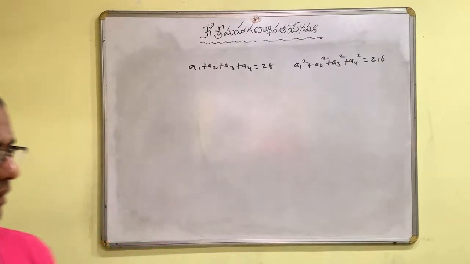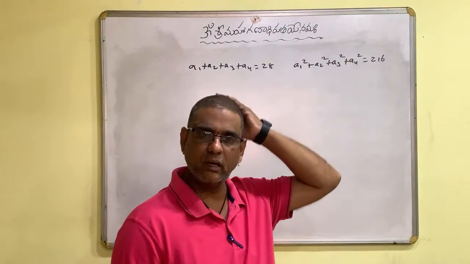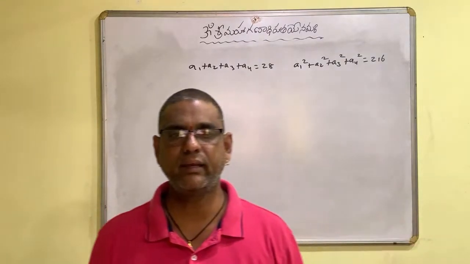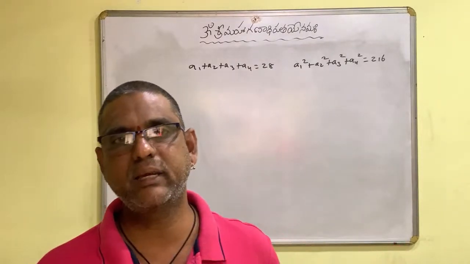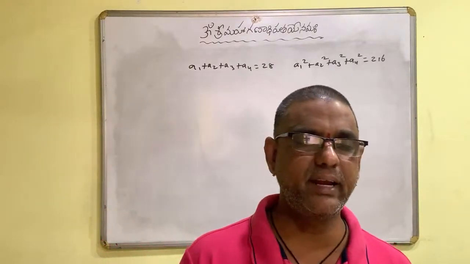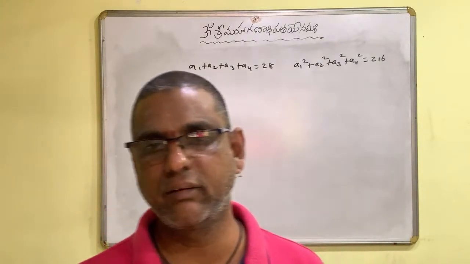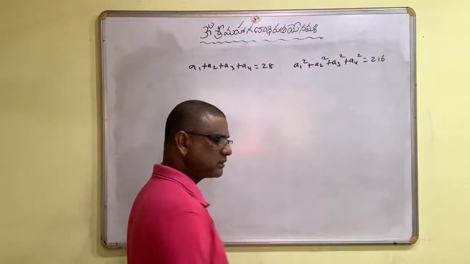Now, if you take a1 as a, a2 as a plus d, a3 as a plus 2d, a4 as a plus 3d and so on, you will get the answer, but it will take more time. But there are some patterns.